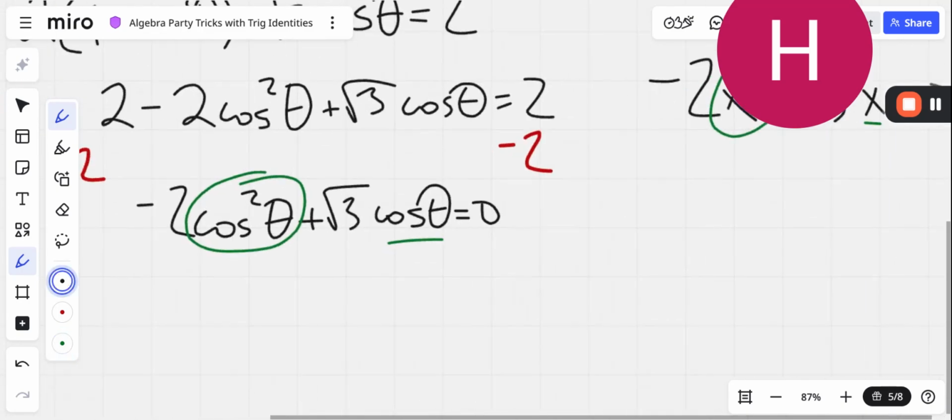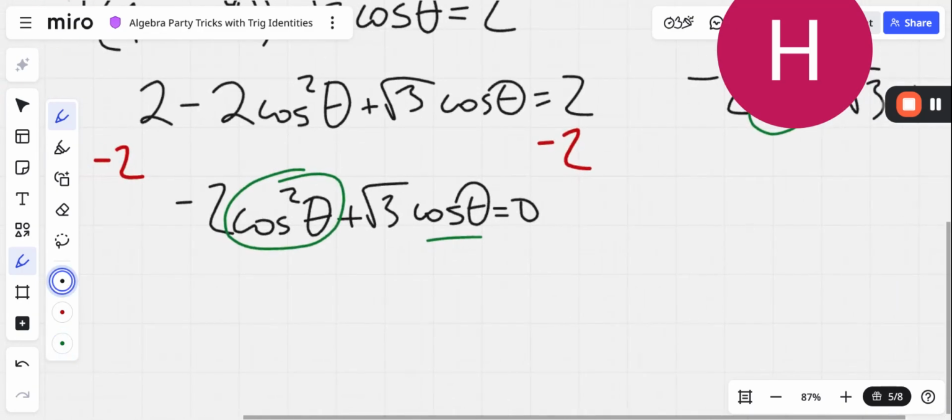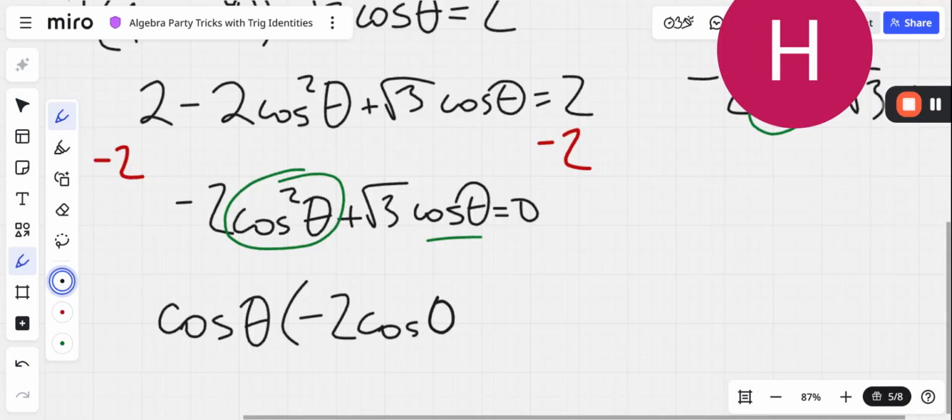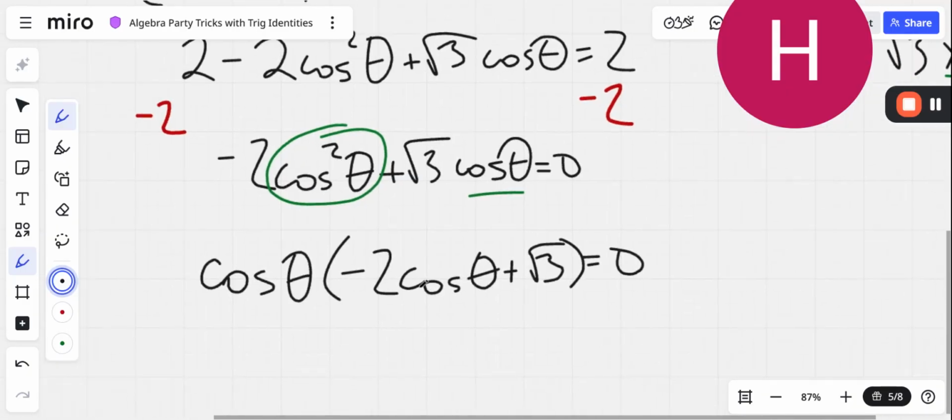So let's move this around a little bit. We could just use a common factor to pull out cosine theta, and we'll be left with negative 2 cos theta plus square root of 3. Right? If I factor a cosine out of cosine squared, there's still a cosine left. And if I take the cosine from you, I've just robbed the cosine, there's no more cosine.